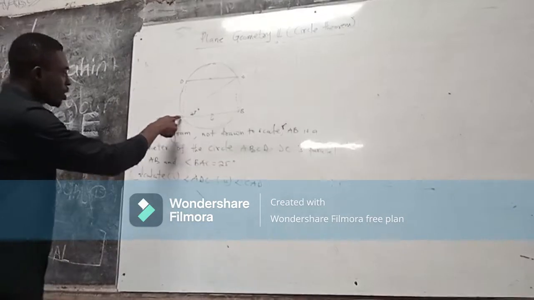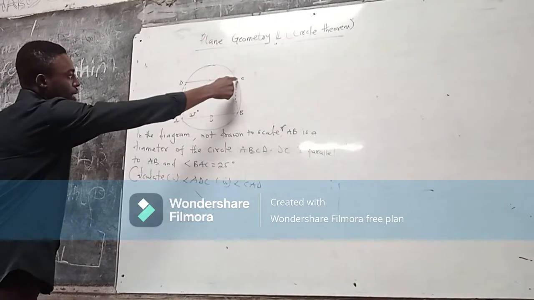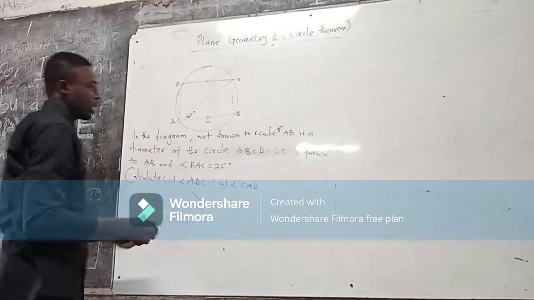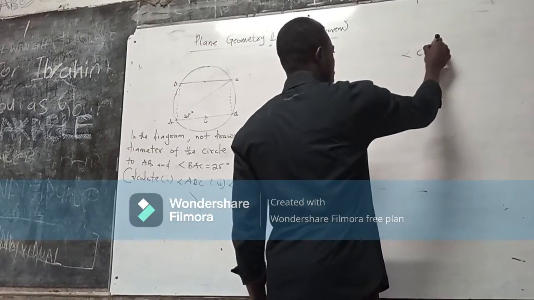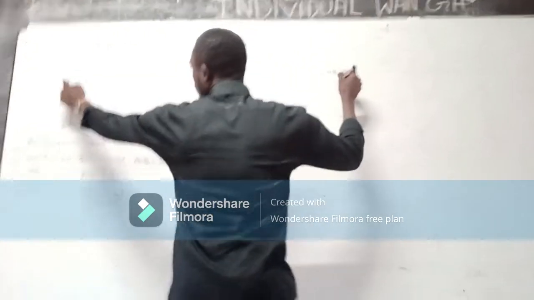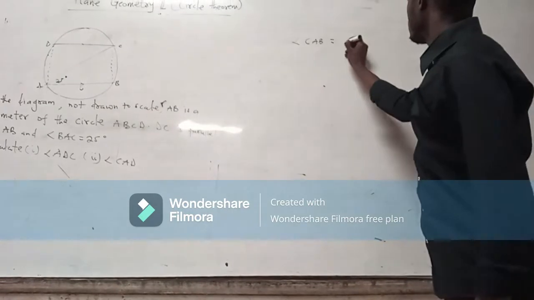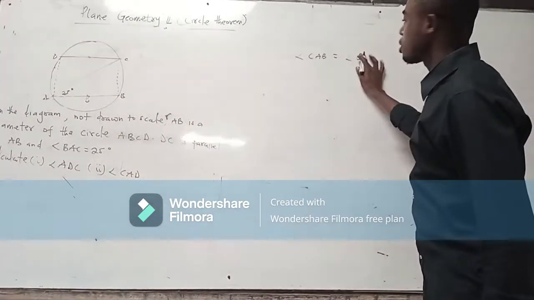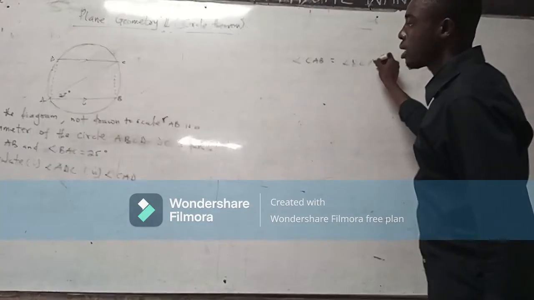Now, this angle that is formed here, angle CAB, is equal to angle DCA.